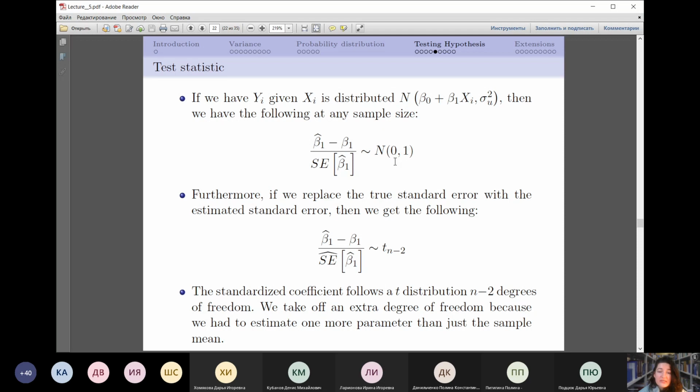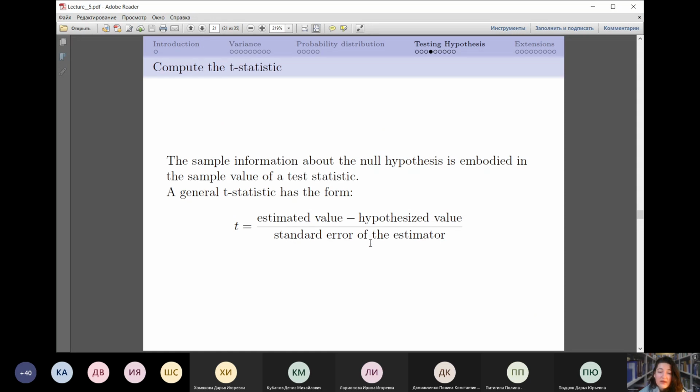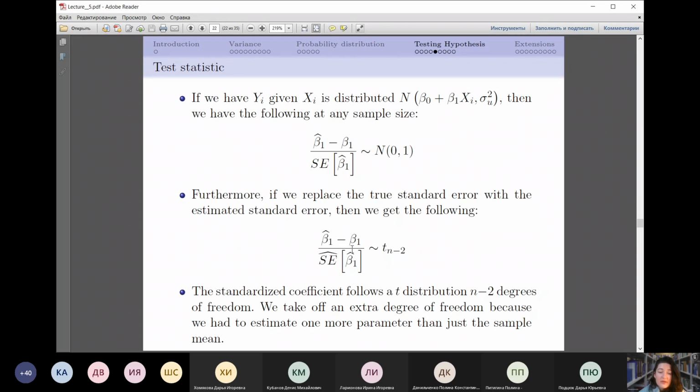And why should we use the t-statistic here? Because you remember that instead of the standard error of the estimator, we use the standard error of our residuals. So we use a sample, and because we use a sample, the standardized coefficient follows the t-distribution with n minus 2 degrees of freedom.